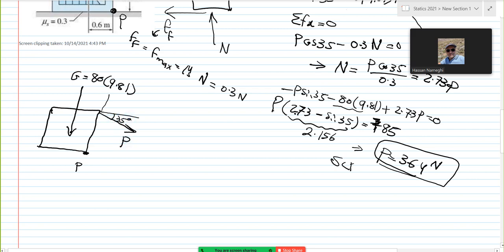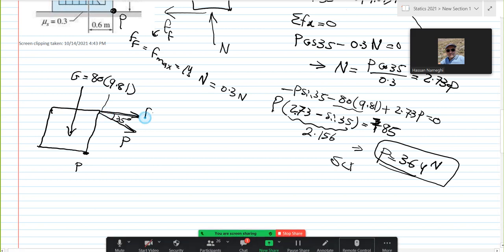I'm going to break down the force P into two components. One I'm going to have here, P cosine 35. I'm going to have P sine 35 here. Remember, if we tip over, which one of these forces will have moment about this point? Let me change this point to another point, because point P will be a little bit confusing.